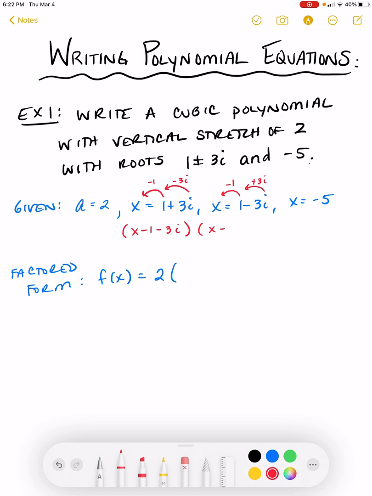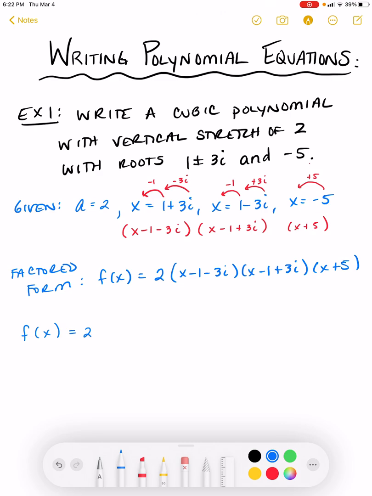So the second factor is going to be x minus 1 plus 3i. For this factor, we're going to think about adding the 5 back over, and this is going to make the factor x plus 5. So let's go ahead and write this. This is going to be x minus 1 minus 3i, x minus 1 plus 3i, and then that final factor x plus 5, okay? So now what this turns into is a big multiplication problem.